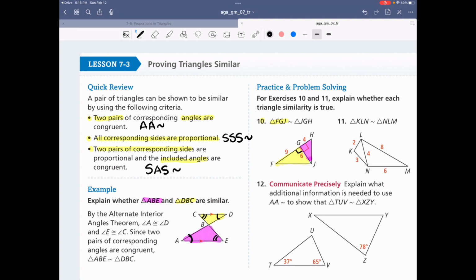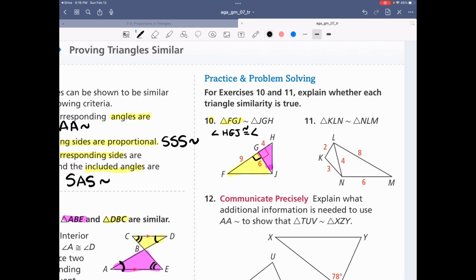So we can say that angle HGJ is congruent to angle FGJ because they're both angle G and they're both 90 degrees. Then we need to set up a proportion to show that the 4 and the 6 and the 9 and the 6 are proportional.